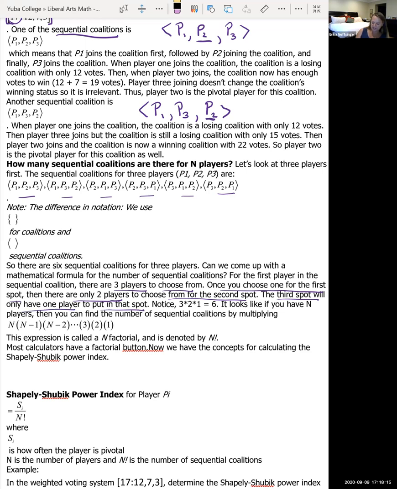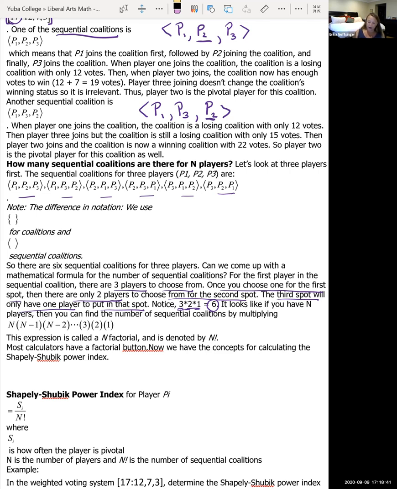So we can write this as 3 times 2 times 1, which is 6. So if we had n players, we take how many players there are, times 1 less, times 1 less again, until we get down to 1 player.